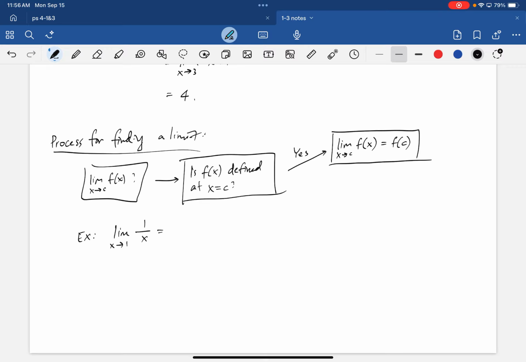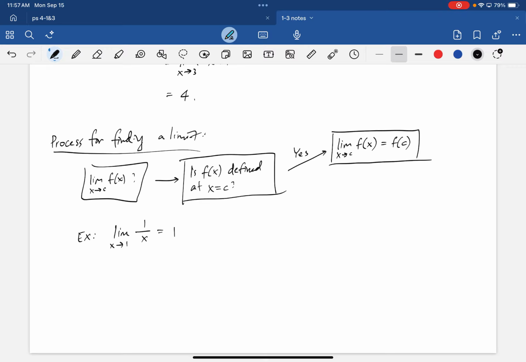Yes, it is, because 1 over 1 is just 1. So all we need to do is plug the value we have for c, which is 1, into our function, and that's the limit. So the answer is 1.